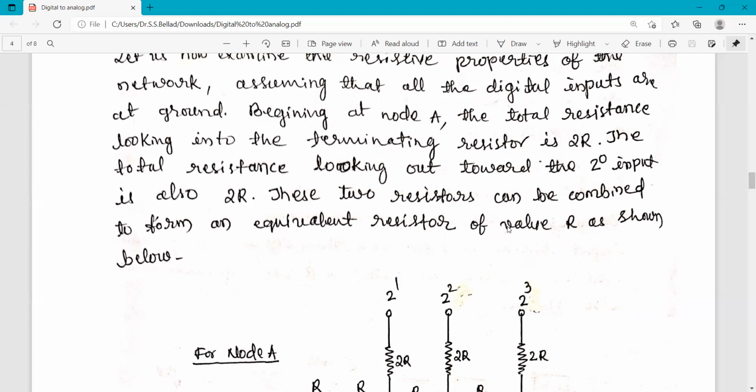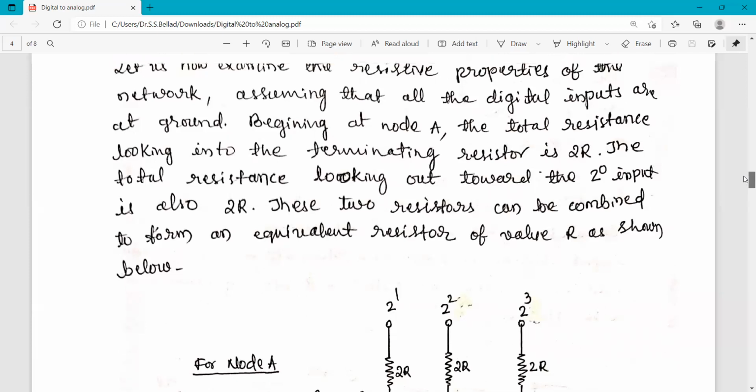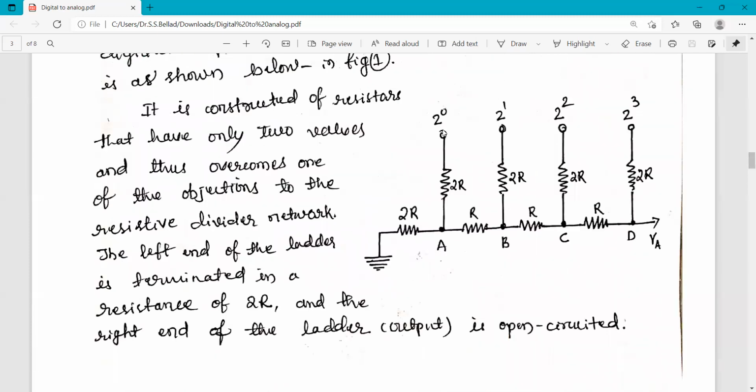But these two resistors can be combined to form an equivalent resistor of value R, because these two resistors are connected to node A and their other ends are grounded. This is the 2 raised to 0 input, and we have assumed that all the inputs are grounded. So between the ground and node A, these two resistors are connected in parallel.